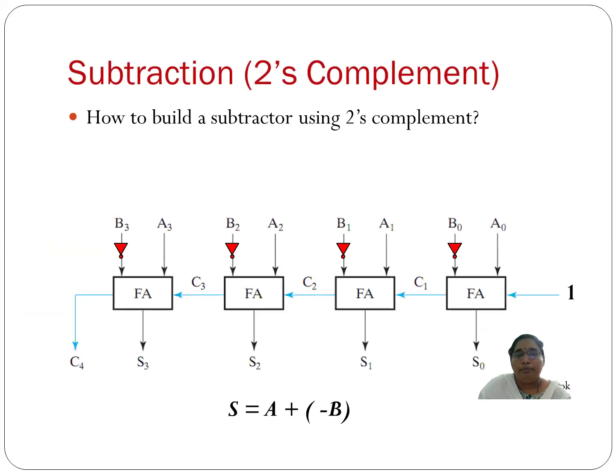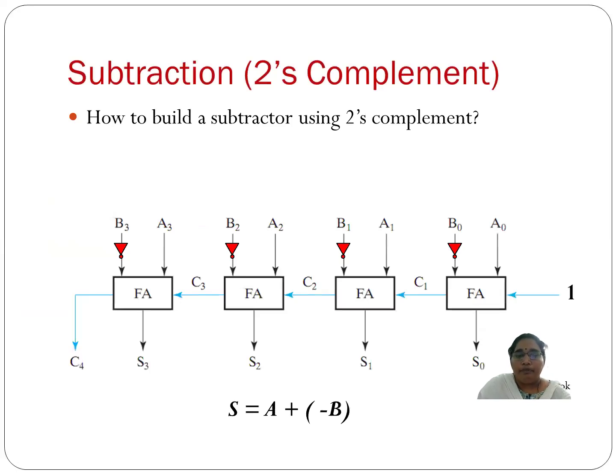So 1's complement means just inversion of all the bits, reverse of all the bits, that is complement of each bit of B. So to achieve that complement, we are taking inverters, that is NOT gates. Inverters are NOT gates.